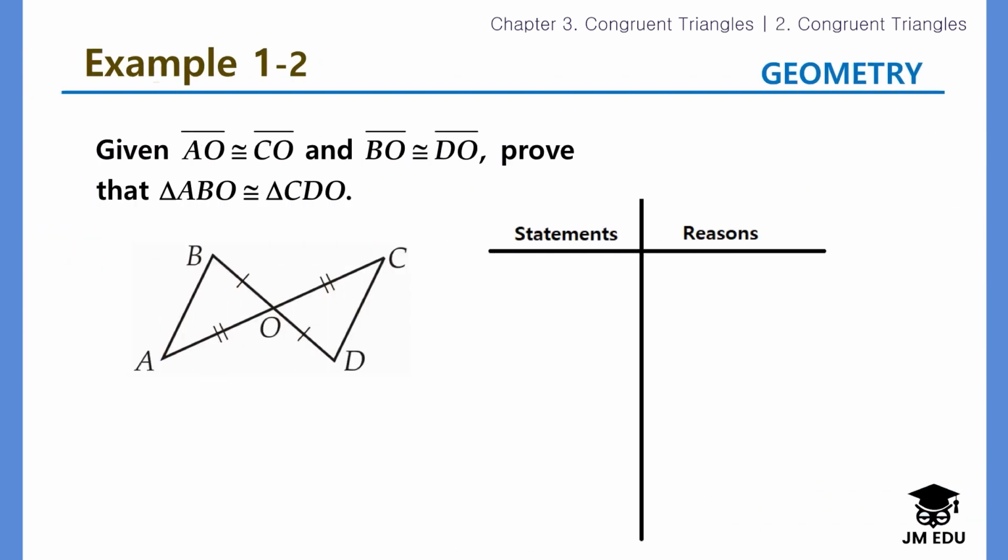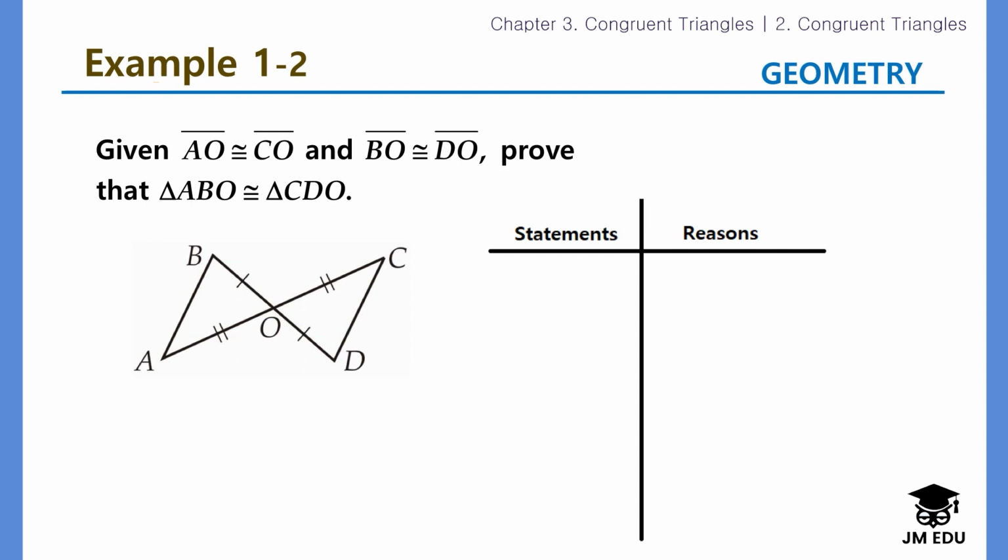Example 1-2. Given side AO is congruent to side CO and BO is congruent to DO, the question is to prove that this triangle right here, triangle ABO, is congruent to triangle CDO. We're going to write a two-column proof.